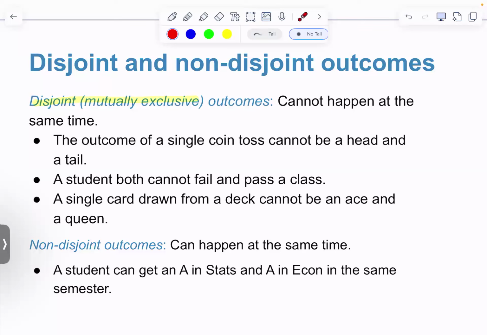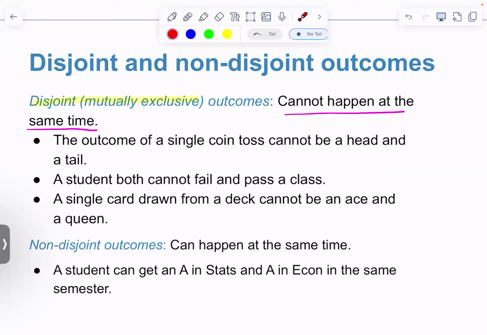So with the outcome of a single coin toss, it can either be heads or tails, but it can't be both at the same time, right? So those would be mutually exclusive or disjoint events.